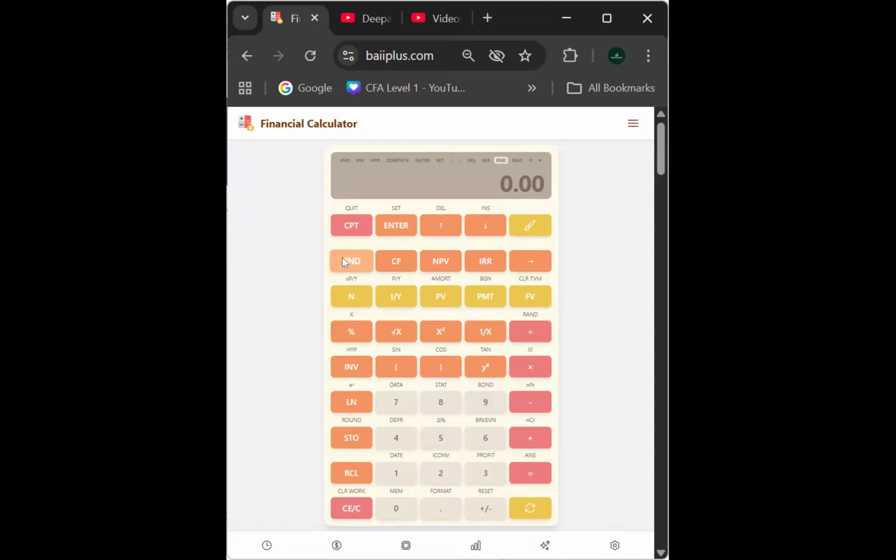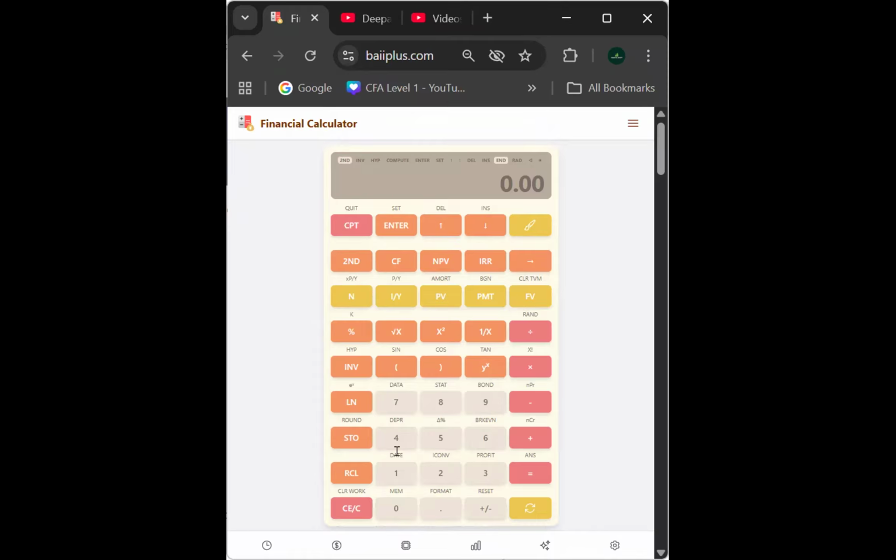Always clean your calculator first: press second, and clear work. To access these functions, you actually need to press the second function key, and then this key will be used as one or the date.